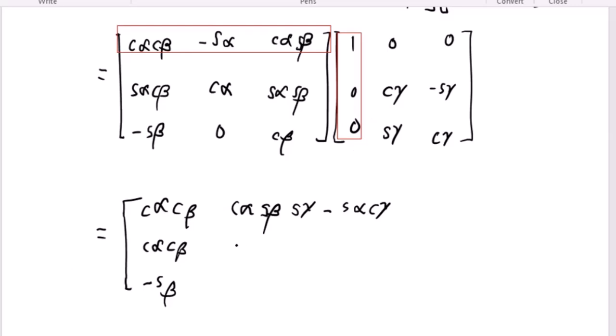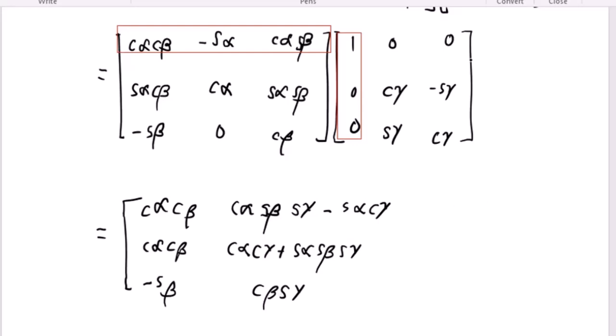So that will be cosine alpha, cosine gamma plus this and this, sine alpha, sine beta, sine gamma. This and this plus this and this, we will have only cosine beta, sine gamma. 0 times this is 0. This one is 0. What is left is this one.